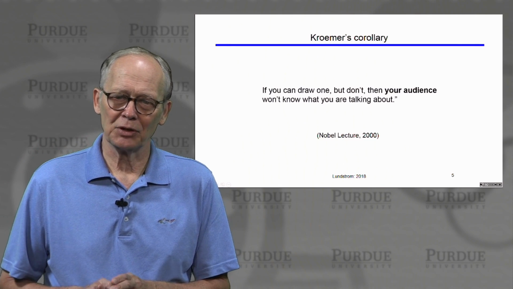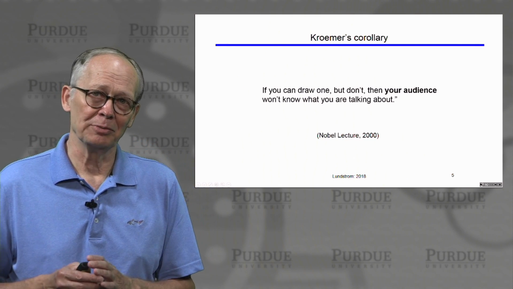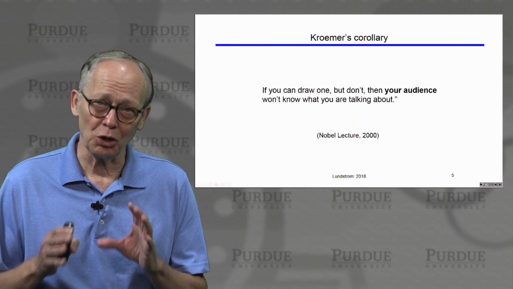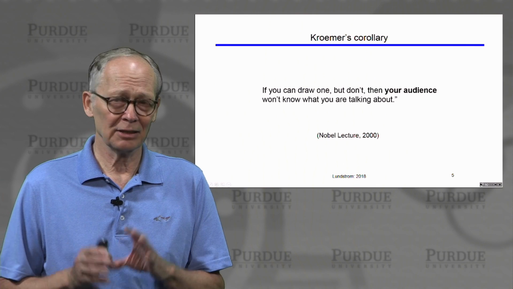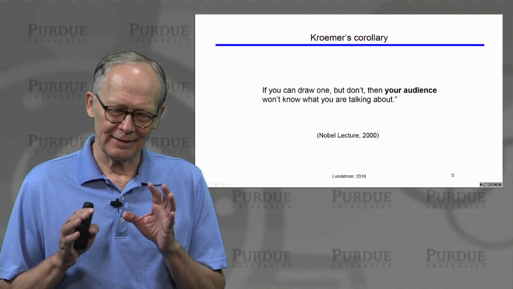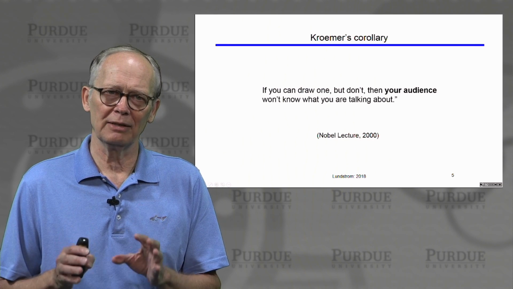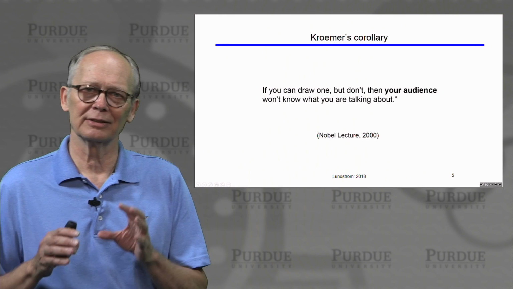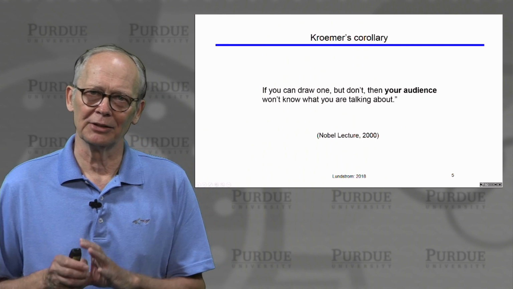He says, if you can draw an energy band diagram, and you're talking to someone about a semiconductor device and you don't draw that energy band diagram, then the person you're talking with won't understand what's going on. So energy band diagrams really do form a central way that electrical engineers and device physicists have learned to understand semiconducting devices.